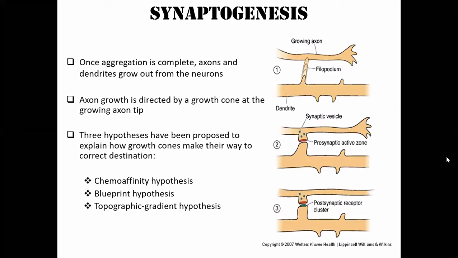Axon growth is directed by the growth cone at the growing axon tip, meaning to say it divides. Your neurons divide into many axons and dendrites. So there are different ways in how your neurons divide.